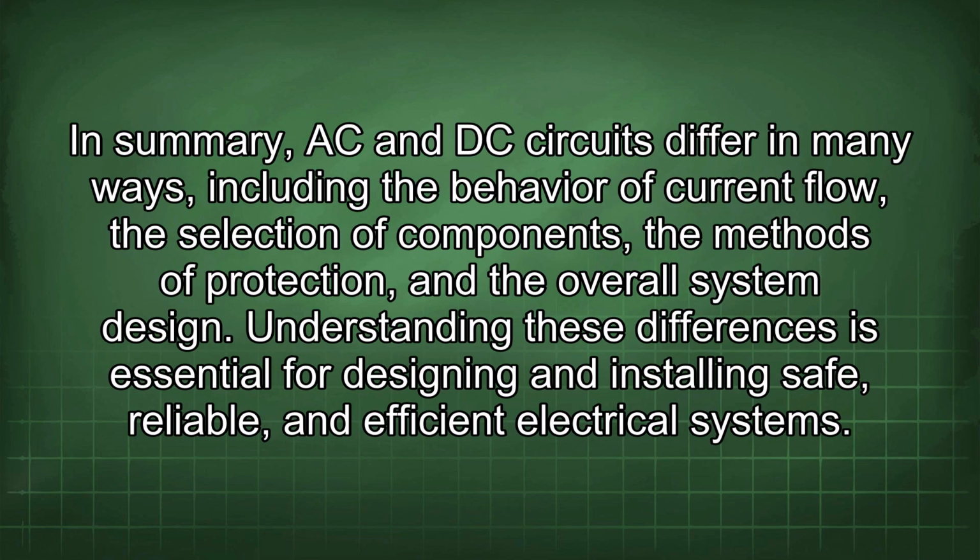In summary, AC and DC circuits differ in many ways, including the behavior of current flow, the selection of components, the methods of protection, and the overall system design. Understanding these differences is essential for designing and installing safe, reliable, and efficient electrical systems.